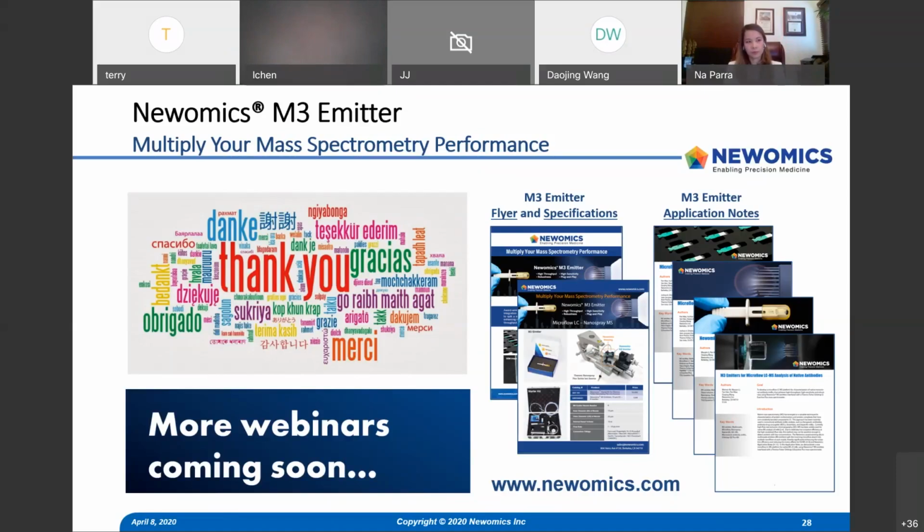But if you run microflow with desolvation gas, we want to make sure the ion cone is not contaminated so much. And also with IgG, so much protein is going to go inside. If we let it go outside of the ion cone, we'll maintain the cleanness of the mass spec. That also enhances the robustness of the whole workflow.